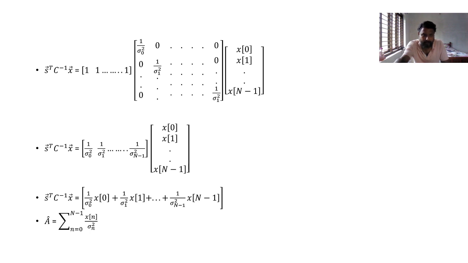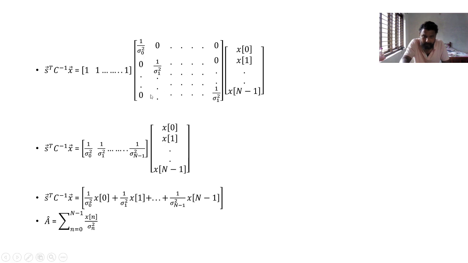So S transpose C inverse into X will be 1 by sigma naught square, 1 by sigma 1 square, etc. up to 1 by sigma n minus 1 square. A small mistake in the first equation: C is given by 1 by sigma naught square, 0, 0, 0, 0, 1 by sigma 1 square, etc.